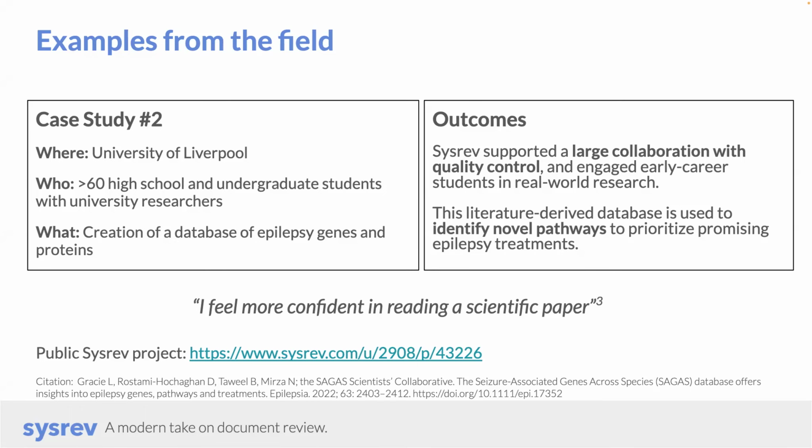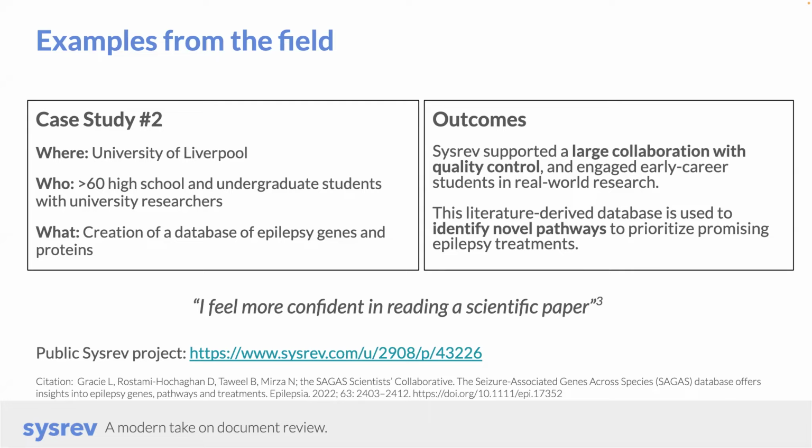Another really great example of using Sysrev was this example at University of Liverpool. In this case, Dr. Nasir Mirza, who led this project, recruited actually high school students as well as undergraduate students. You can see it was quite a large group to review literature on epilepsy genes and proteins. And this was not so much a systematic review as actually a creation of a literature-derived database.